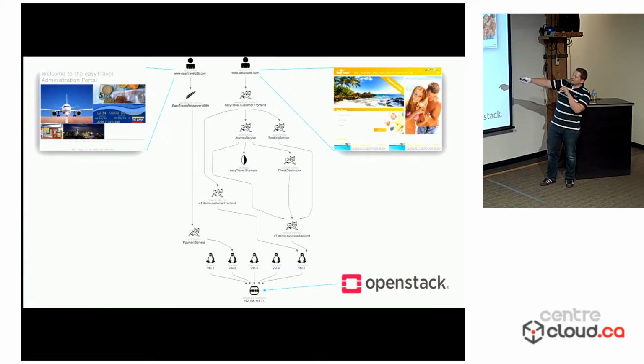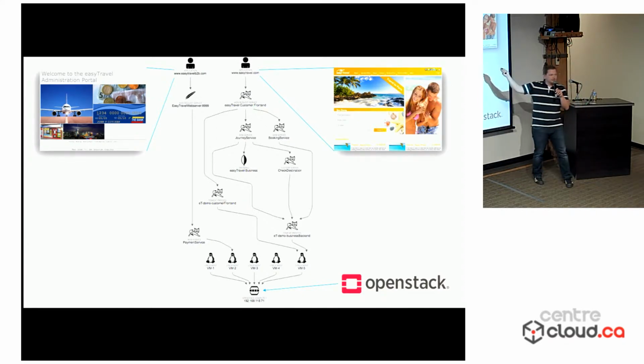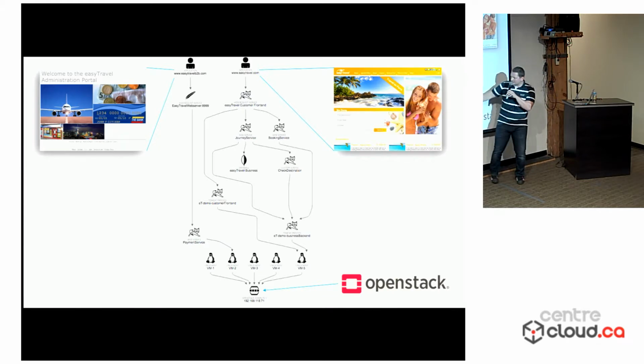And below that you see that those user-facing applications depend on some services that depend on other services, so it's a little bit of a microservice architecture maybe. You find a database somewhere in there, the same over here, and you see that all of those services run on virtual machines that run on an OpenStack compute node.